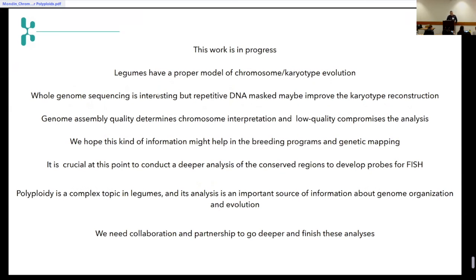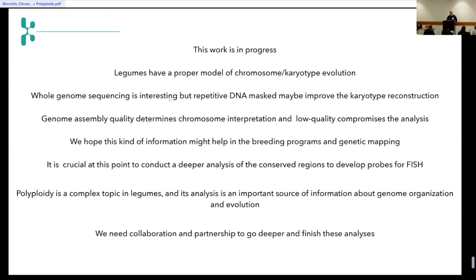This is very important for us because we download the sequences from the databases to make this kind of analysis, and the quality of the assemblies is really important. We are finding some problems if the genome is not well assembled. Of course, we cannot make good inferences about the chromosome structure, especially from an evolutionary perspective.